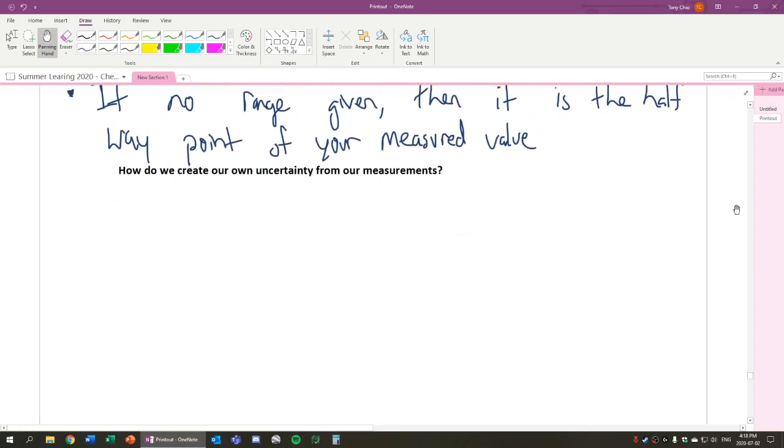So how do we create our own uncertainty from our measurements? Our uncertainty is always based on the last digit.